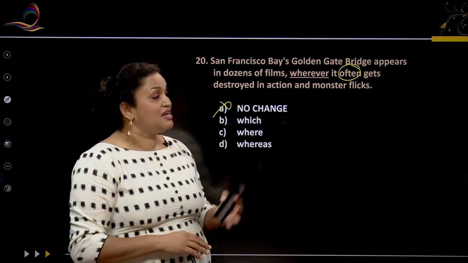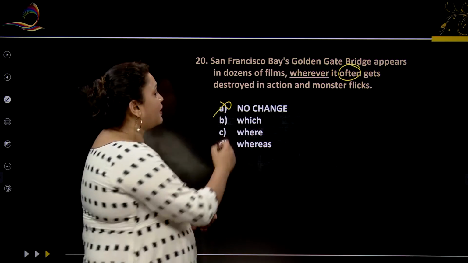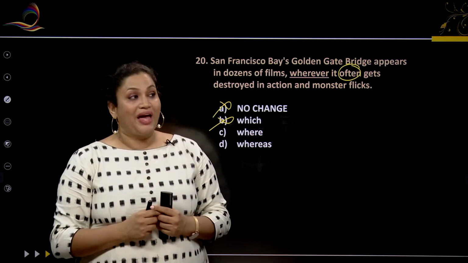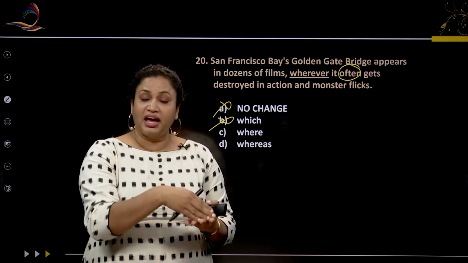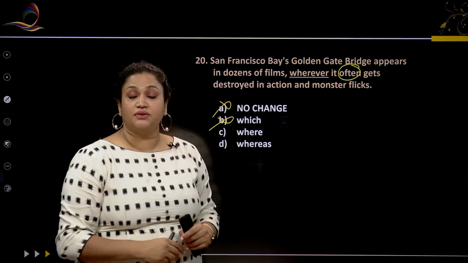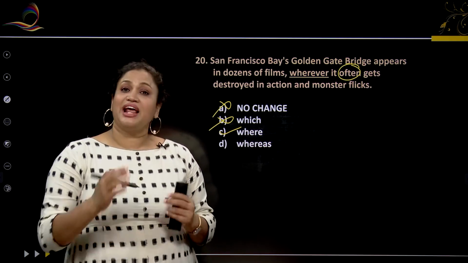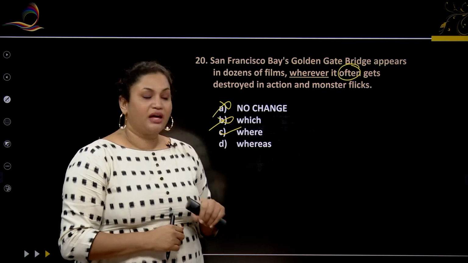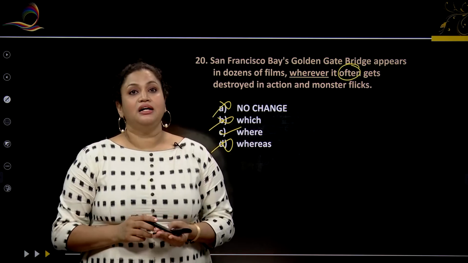Definitely is the right answer, but which goes with which it often, so does not go well, therefore we are going to delete which also. The next one is where, because we are talking about the films, where it often gets destroyed in action and monster flicks makes sense, so we'll keep it aside. And whereas also looks good, but where is a better option, so therefore we'll go with C and not D. Therefore that is for today.